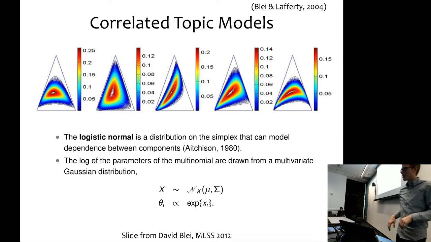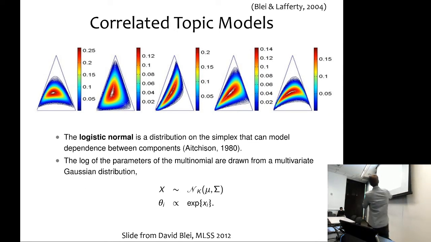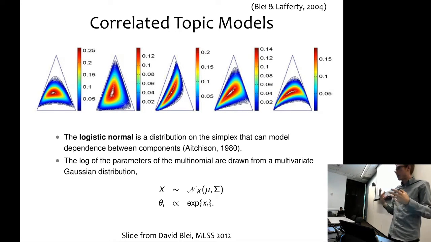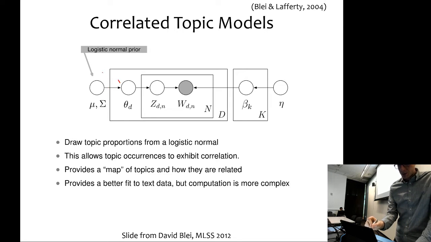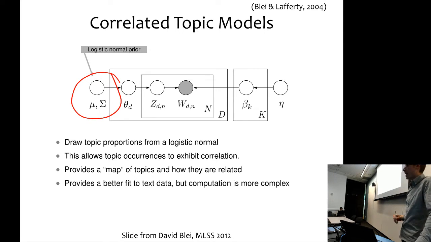By contrast, the logistic normal is able to give you these skewed priors, and so you can use this as a prior over those document level distributions over topics. Okay. And so essentially all we're doing is replacing this one little bit of LDA, which used to be a Dirichlet prior, with a logistic normal prior.